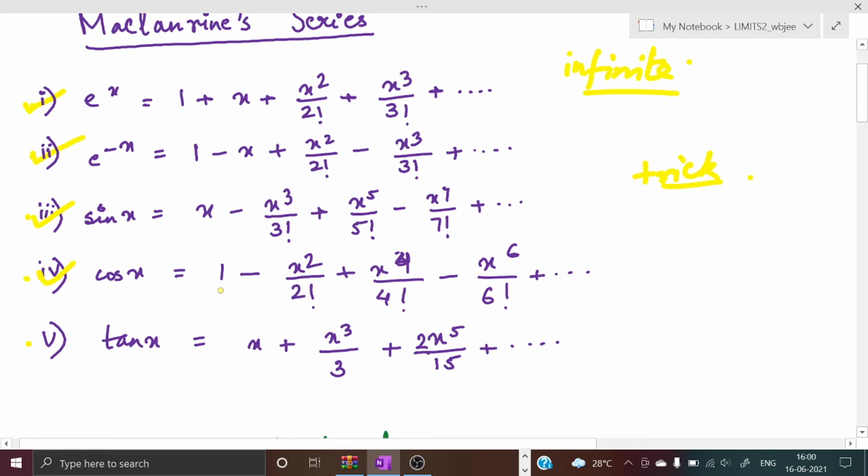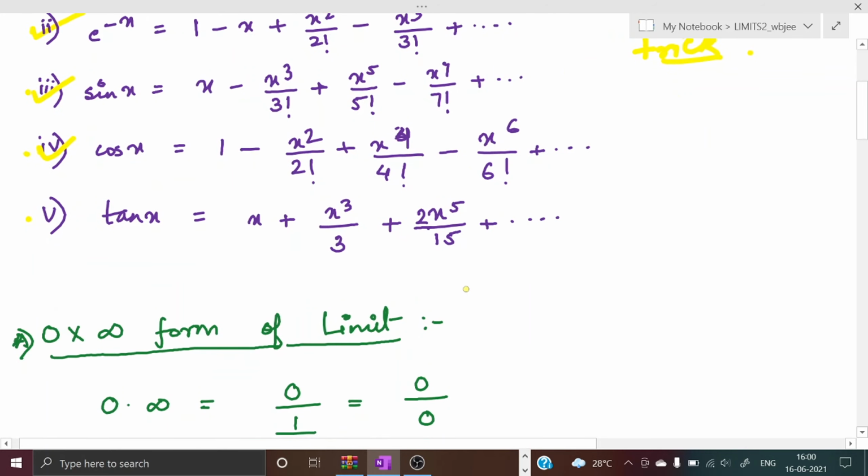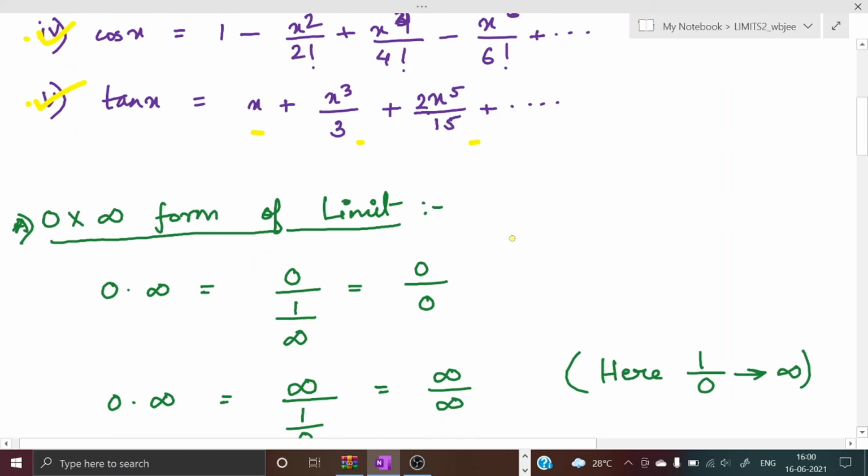So for cos you will get all the even terms, 1 minus x squared by 2 factorial and so on, taking alternate positive and negative terms. Now the last one is tan x. Tan x is a bit difficult one, so it is advised to remember the first three terms, that is x plus x cubed by 3 plus 2x to the power 5 by 15. You remember only the first three terms, it will be enough for you to solve the questions.